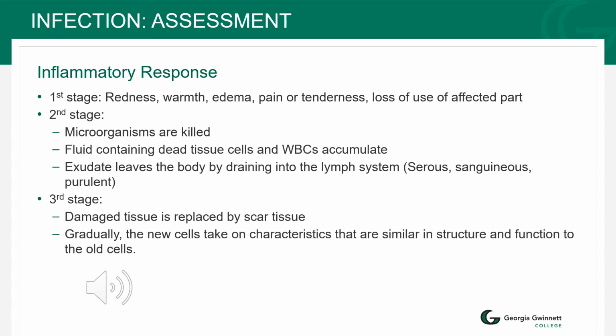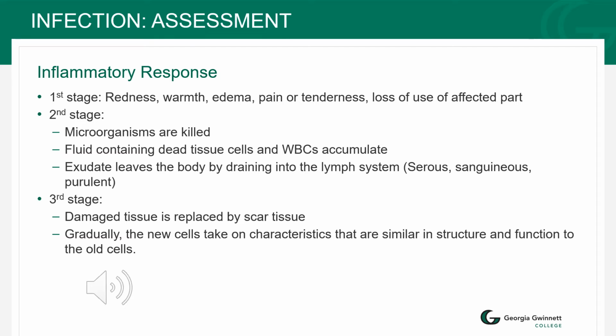The second stage of the inflammatory response is where you will see pus or fluid draining from the wound. We call that exudate. So exudate leaves the body by draining into the lymph system, and you have these different descriptions of the exudate. Your ATI does a fabulous job of explaining this. Serous is the red fluid.